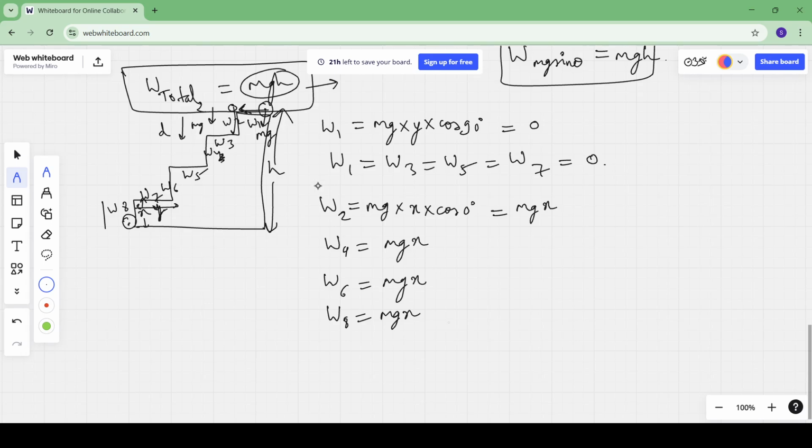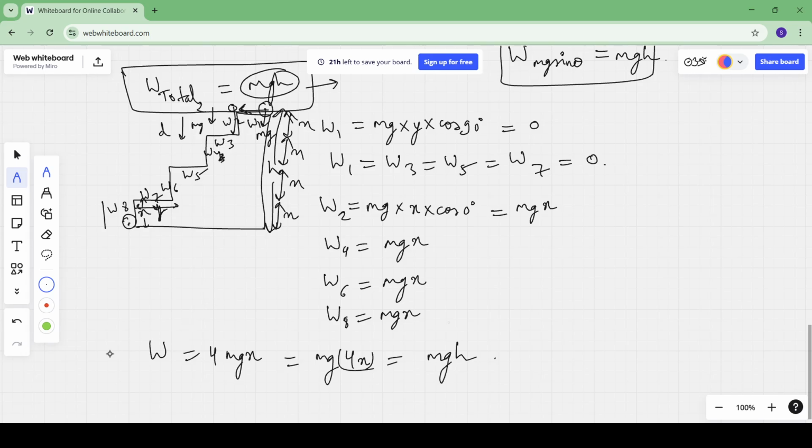So what will be the total work done? The total work done when the ball goes from this position to this position is the summation of all of these. W1, W3, W5, W7 are all equal to 0, so you will get 4mgx as the total work done. If I take this as x, this as x, this as x, and this as x, then this 4x is equal to h.